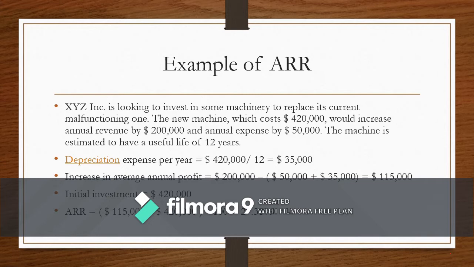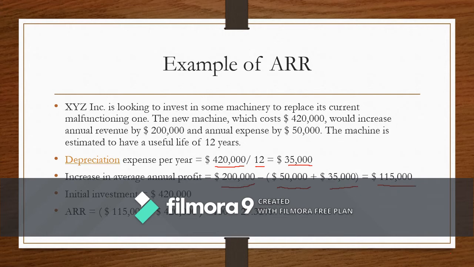First, we need to calculate the depreciation expense per year, which is the initial investment divided by years to get the depreciation expense. Second one, increase in average annual profit. The annual revenue minus the sum of the annual expense and depreciation expense gives the increase in average annual profit.